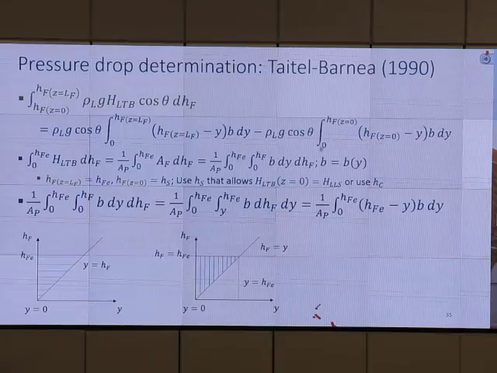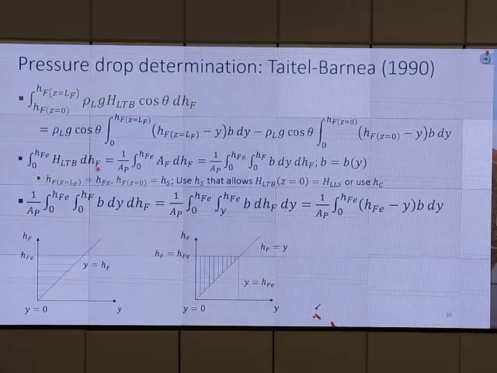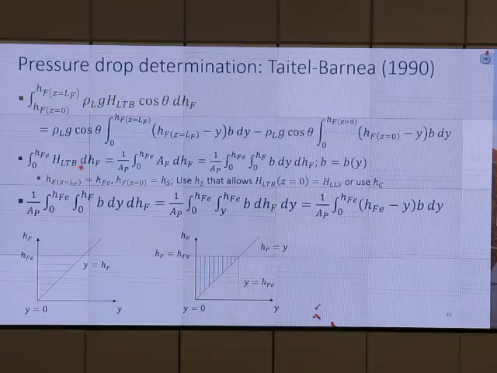Once we have this, let's analyze the integration of HOA with respect to height. When we do this integration, HOA can be expressed as A film divided by A pipe, right? That's HOA.